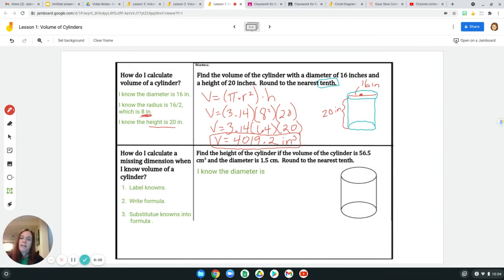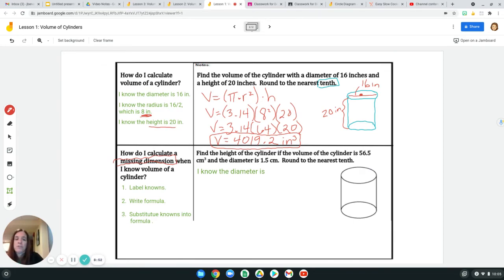All right, last one. How do I calculate a missing dimension? So this is going to be a little bit different when I know volume of a cylinder. All right, so let's read this problem. Find the height of the cylinder if the volume of the cylinder is 56 5/10 centimeters cubed and the diameter is 1 5/10 centimeters, round to the nearest tenth.